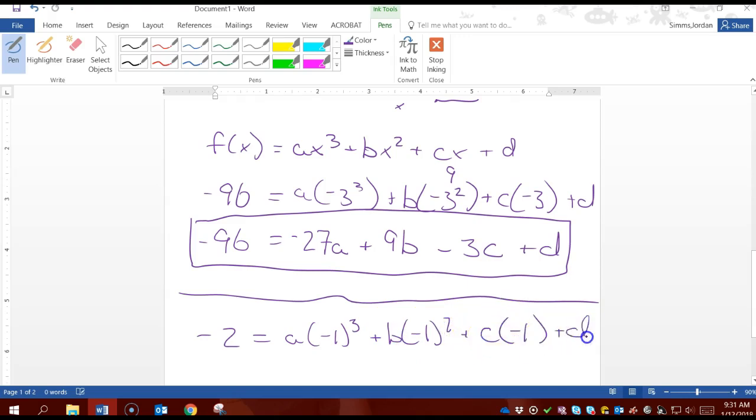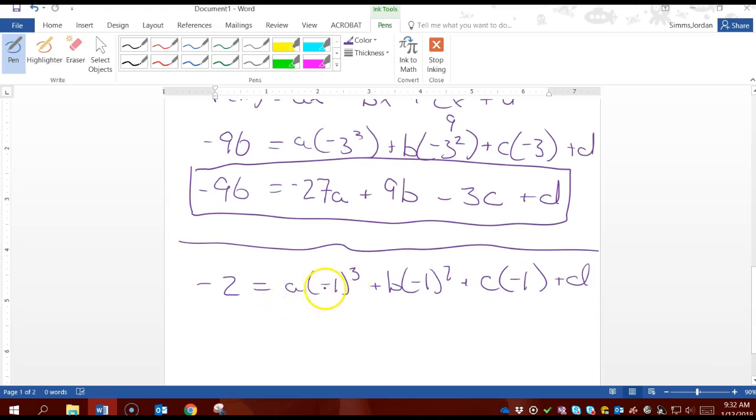Hopefully you get the picture here. We're just blasting all these in. Negative 1 cubed is going to be negative 1, so negative 1 times a is just negative a. Don't write the 1, you'll get made fun of. Plus b, that's going to be a positive, minus c, that's going to be a negative, plus d. So there's our second equation.